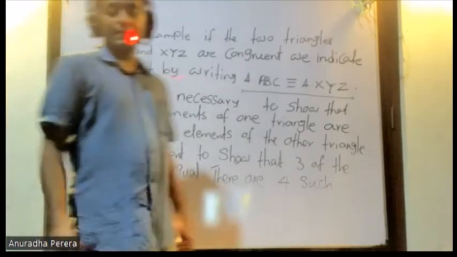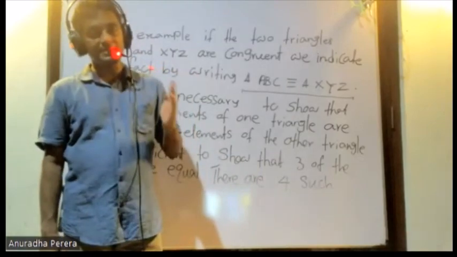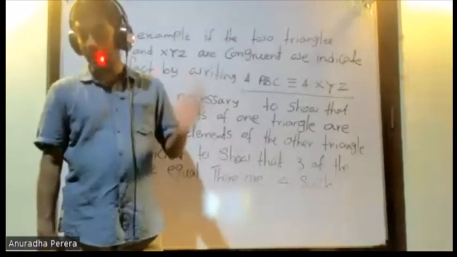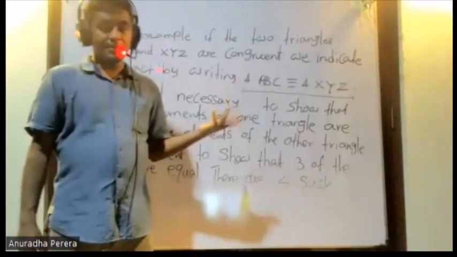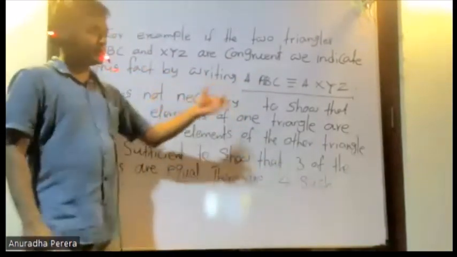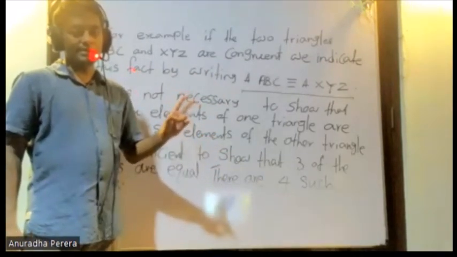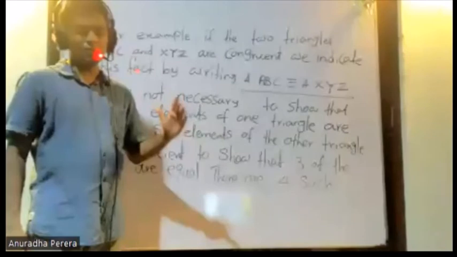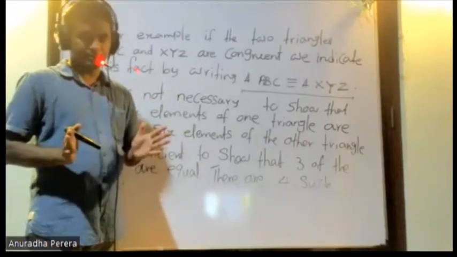If two triangles are congruent, their elements are equal. What are the elements? Sides and angles. When proving two triangles are congruent, we do not need to mention the equality of all the elements.